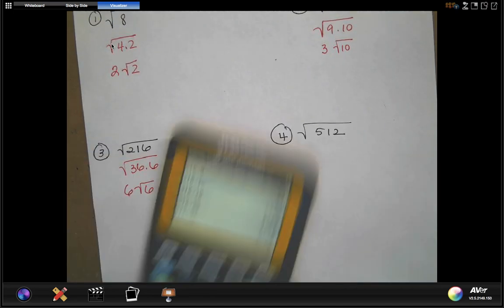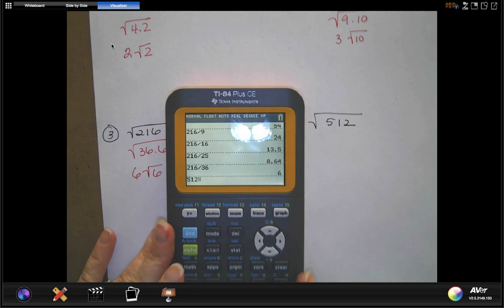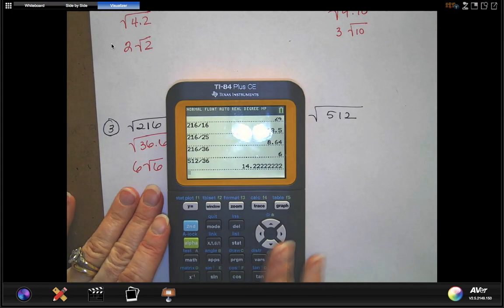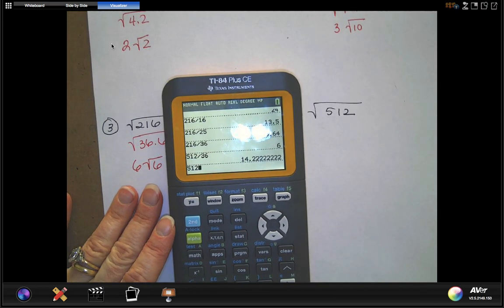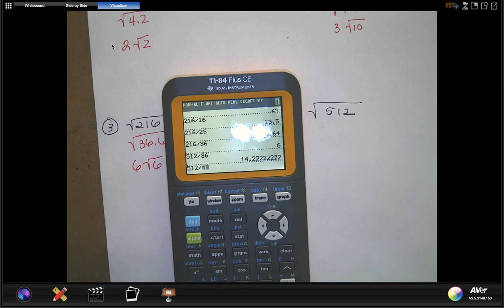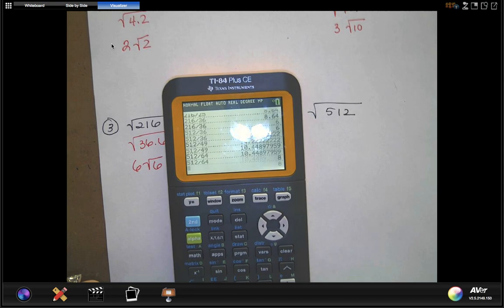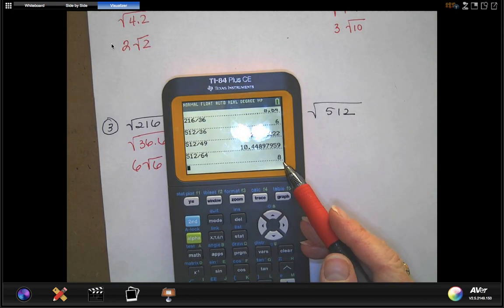All right, 512. Same thing here with 512. I don't know, let's just start at 36. That didn't work. 49 would be 7 squared. 8 squared would be 64. Oh, but that 8 has, 8 is 4 and 2.